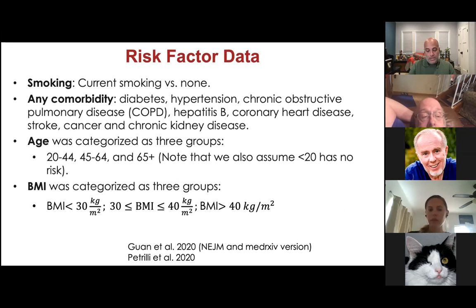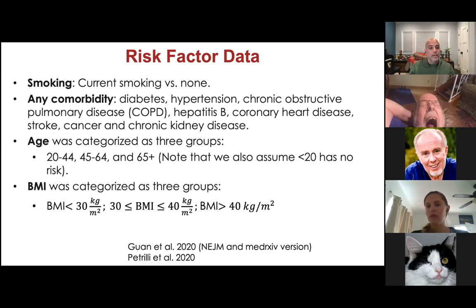We came up with a categorical variable of any comorbidity, and that was defined by the NHANES data of diabetes, hypertension, chronic obstructive pulmonary disease (COPD), hepatitis, coronary heart disease, stroke, cancer, and kidney disease.